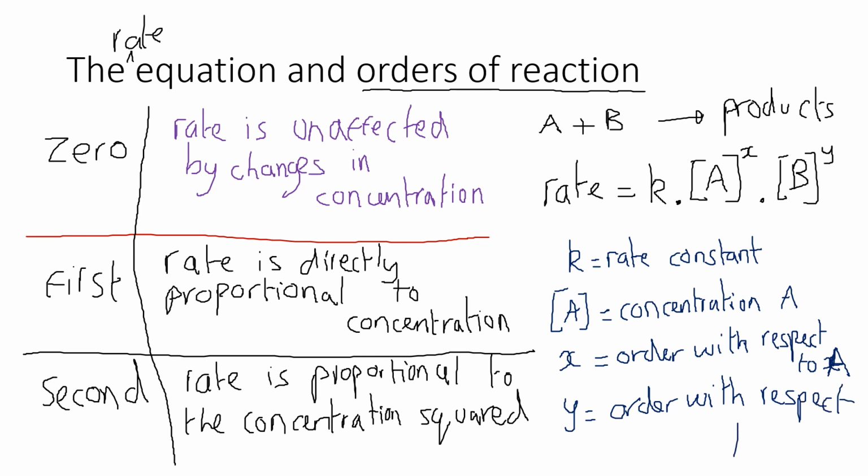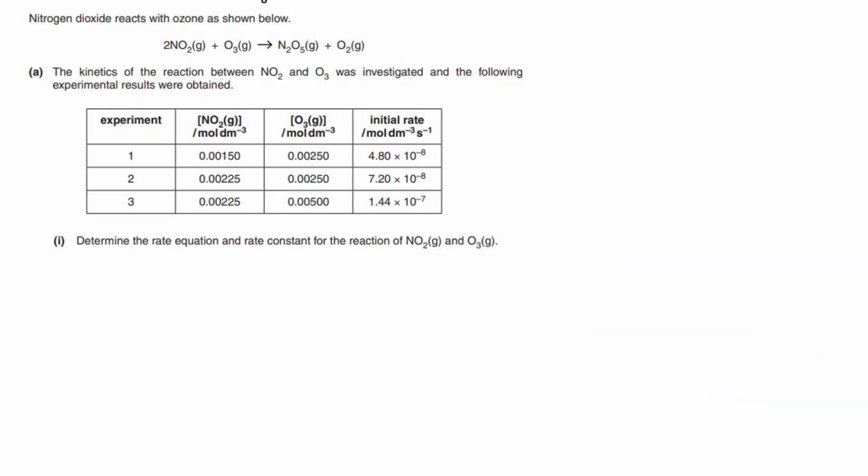And this is much easier if we look at a real example. So let's look at an actual question and try and work some stuff out. So here you've got the reaction between nitrogen dioxide and ozone producing N2O5 and oxygen. And what's happened here is that the reaction was carried out 3 times, experiment 1, experiment 2, and experiment 3.